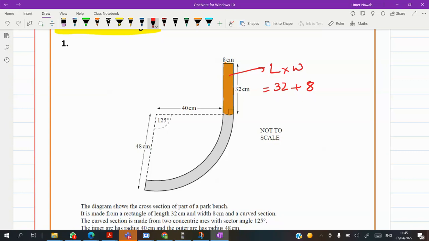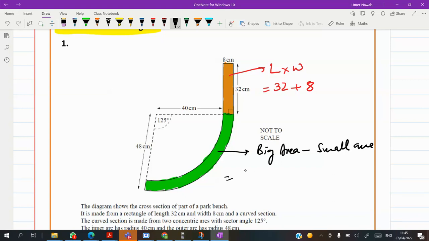Next, I want to find the shaded area, which I'm going to shade with green. That area has to be found. This is pretty simple. If the smaller area is subtracted from the bigger area, we can find this shaded area. So the big area minus the small area.